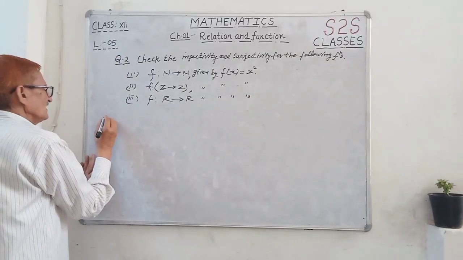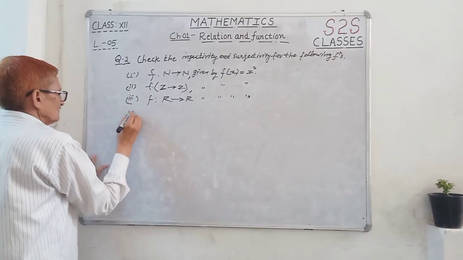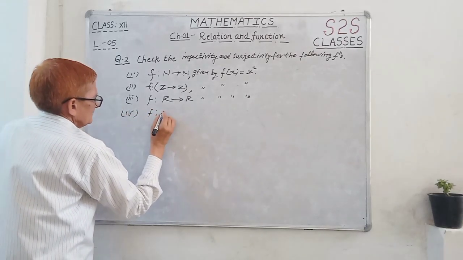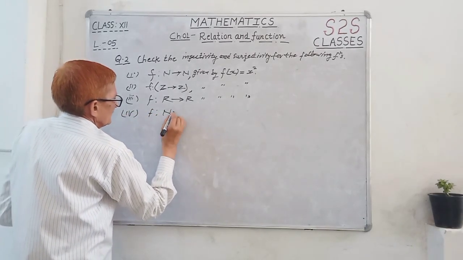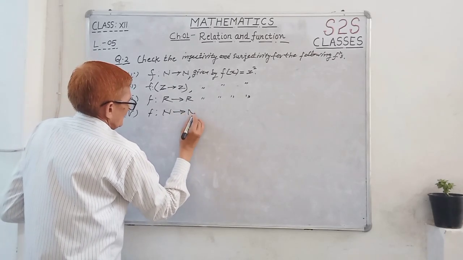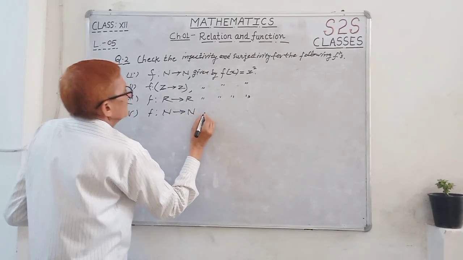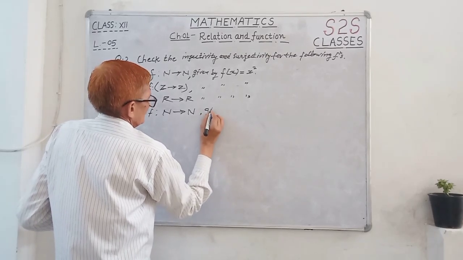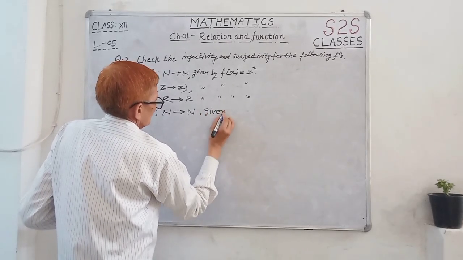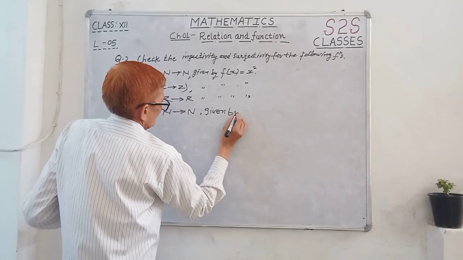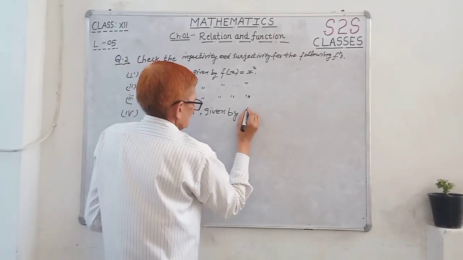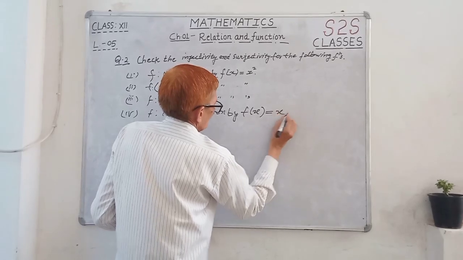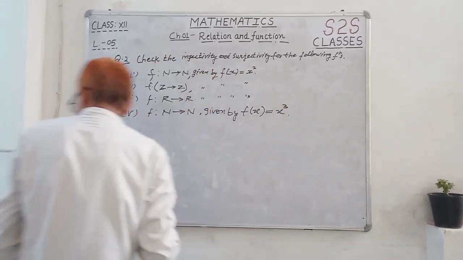After that, in this fourth part, f from natural numbers, given by f(x) is equal to x cube.